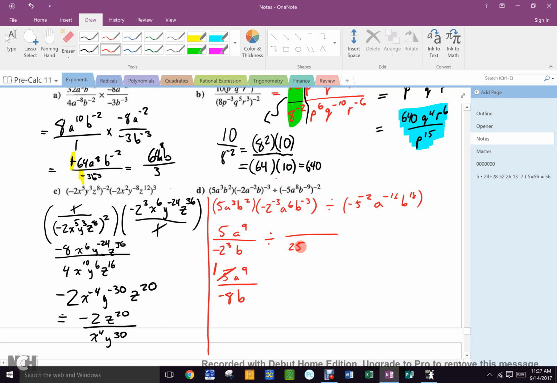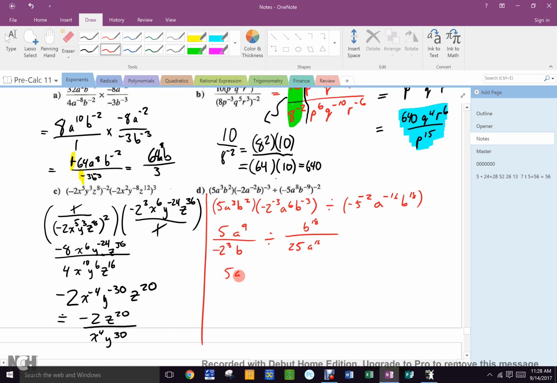So it's down there. A to the negative 16 is down there. And b to the 18th is up there. There we go. Now I'm in the right spot.